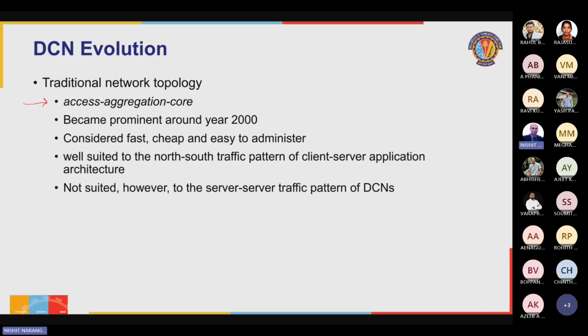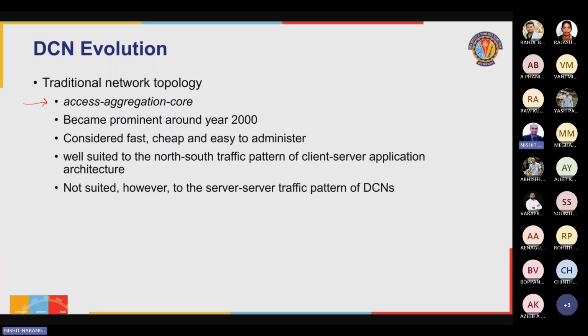But as we saw last time, applications evolved from pure web applications to more complex microservice-based architectures, clusters of servers brought together to build distributed server-based applications. And this meant that the traffic gradually changed from being predominantly north-south traffic to becoming predominantly server-server traffic.